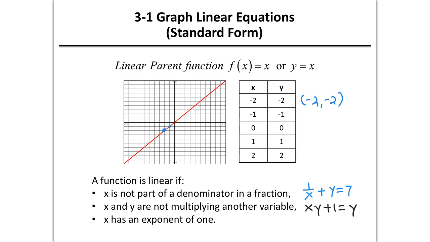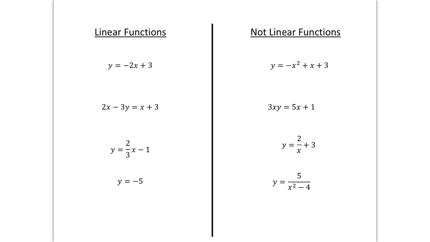Negative 1 is here. The next one, 0, 0, 1, 1, and 2, 2 is the last point. 2 to the right and 2 up. Notice that when you connect those points, you are going to make a line. That's why it's called a linear function. So let's get to an example and let's graph by using a table.